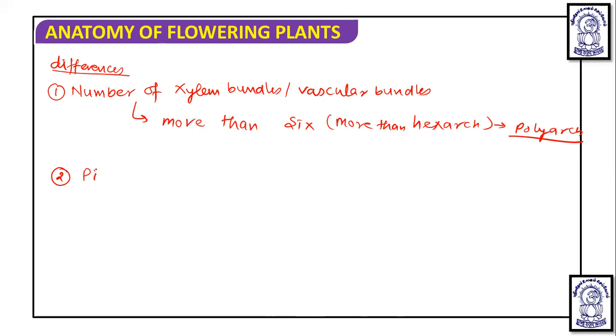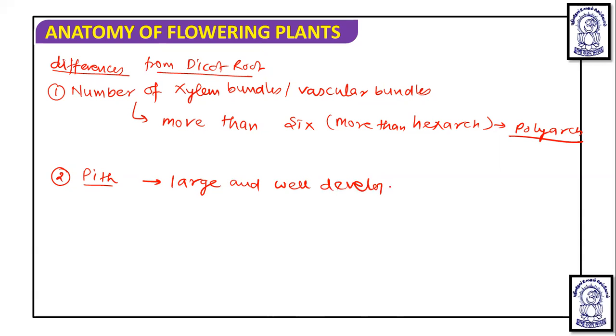Second, you can see the difference from dicot root: in monocot root, pith is large and well developed, or we can say conspicuous, meaning visible, because secondary growth is absent.